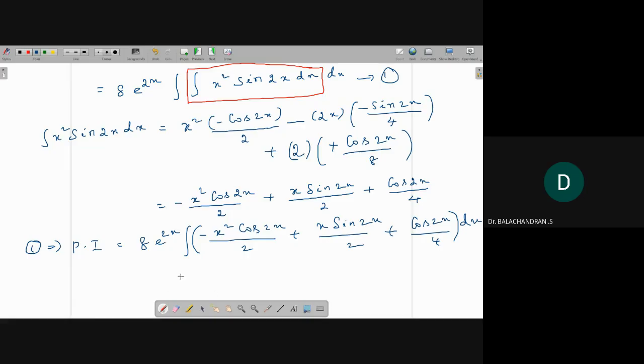Now I am going to keep e power 2x here, and I'm going to multiply by 8.